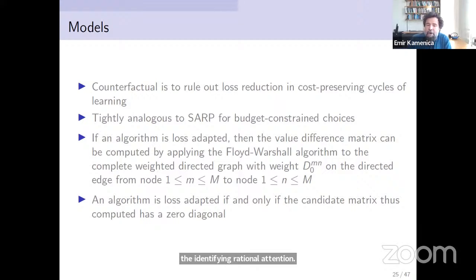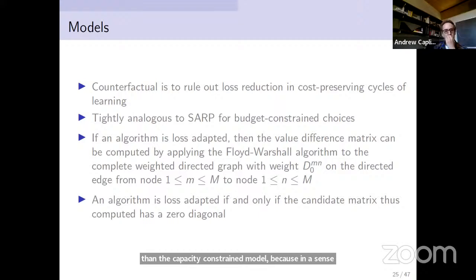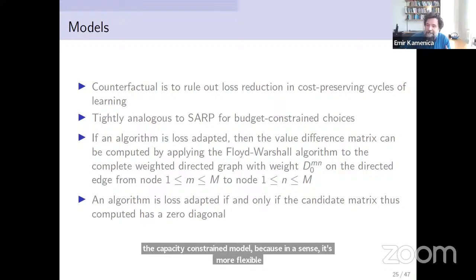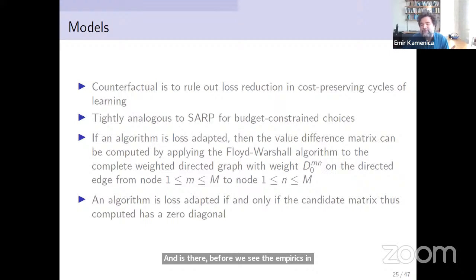But on a related note, we know, of course, from this observation that the costly learning model has to fit weakly better than the capacity constrained model, because in a sense it's more flexible. And before we see the empirics, there's a sense of, well, how much is a lot? We know it has to do weakly better.